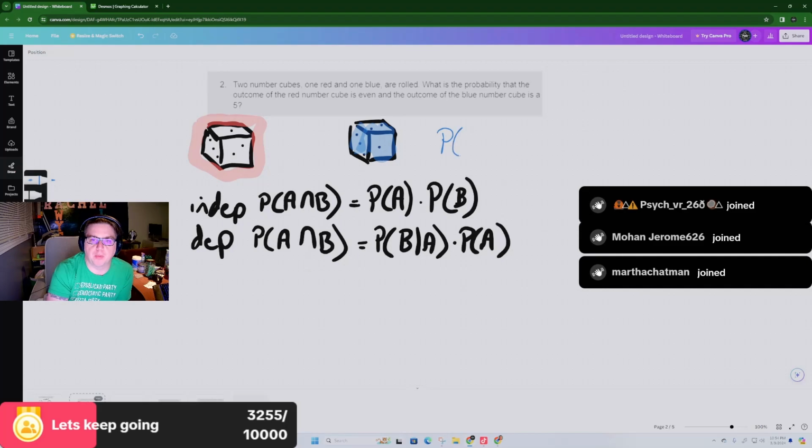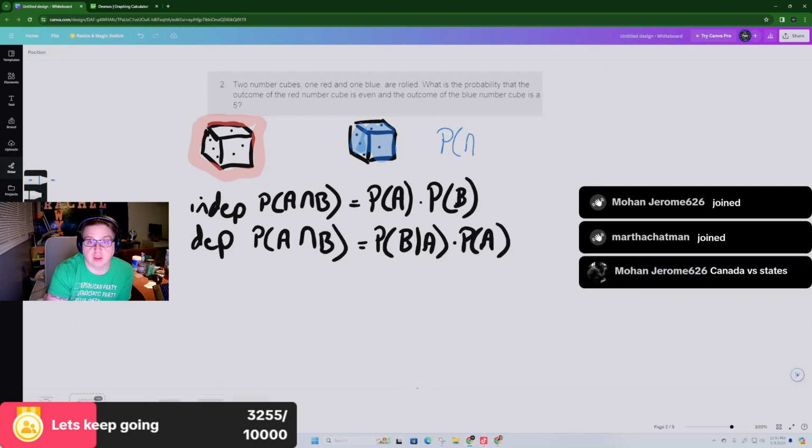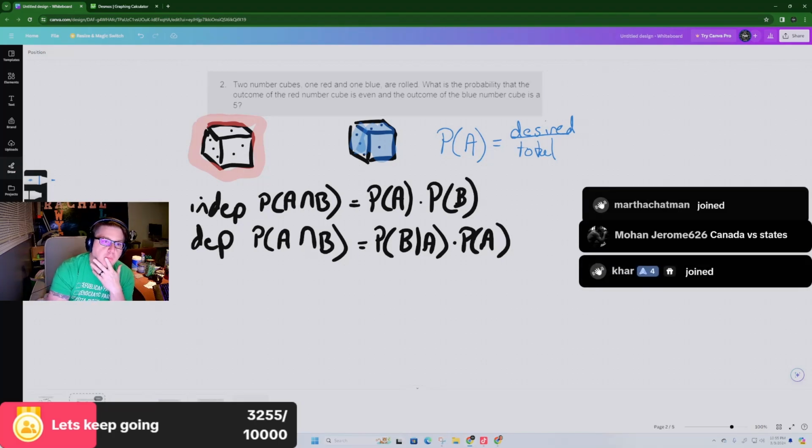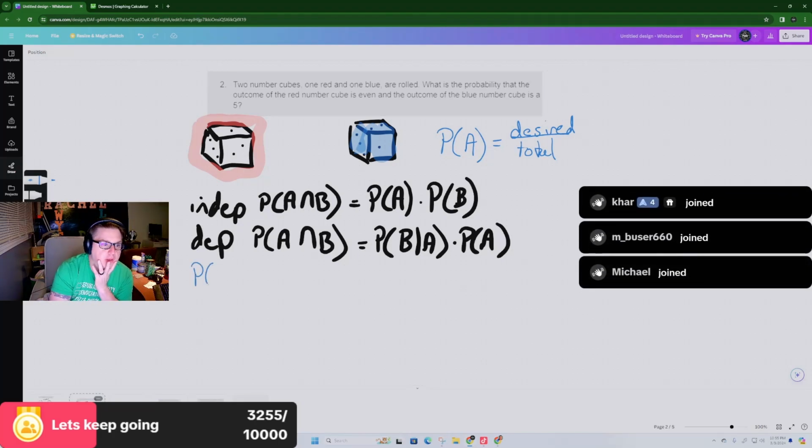When we do the probability of anything, remember, it's going to be desired over total. And that goes back to our original probability stuff that we worked on a while ago. But it's always going to be your desired over total. So when we look at the probability of a red cube being even, we have to think about this red cube.